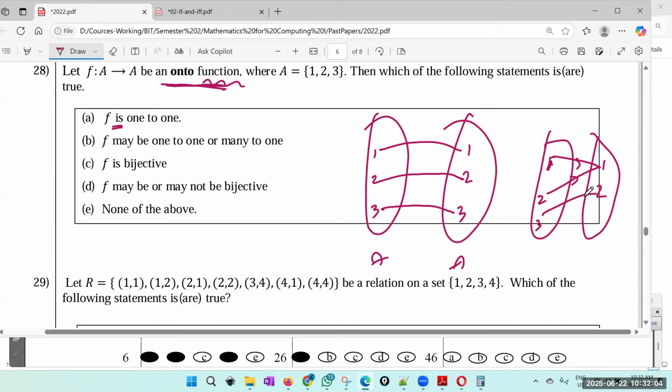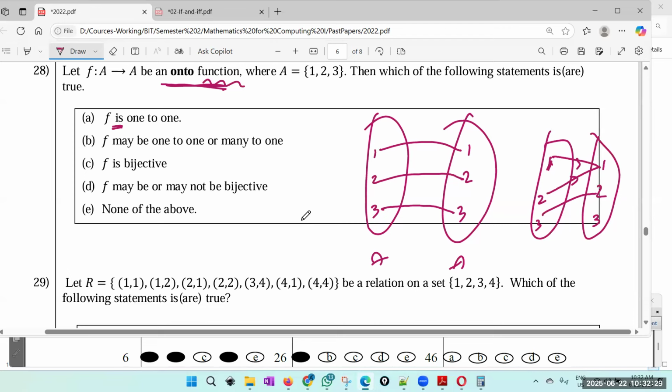If that is the case, then this is not possible, because then it is not an onto function. So there is no possibility of many to one. The moment it becomes many to one, it is not onto. So it must be 1 to 1.